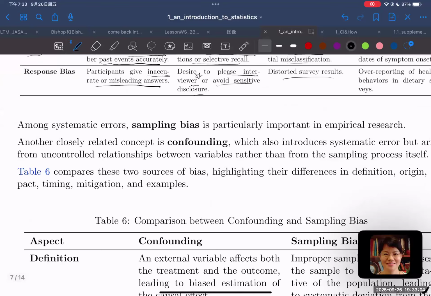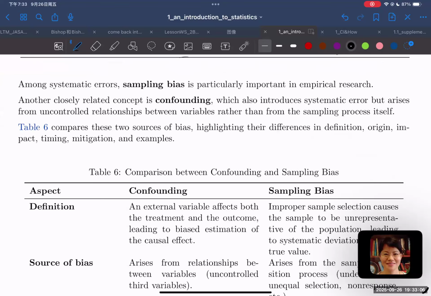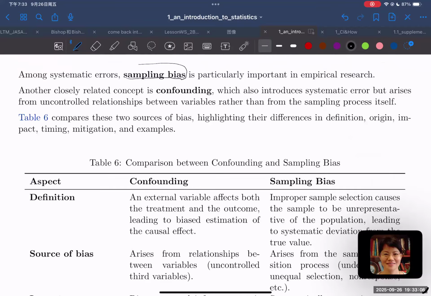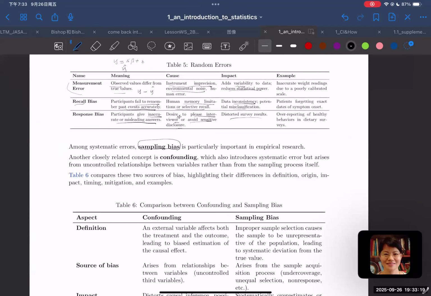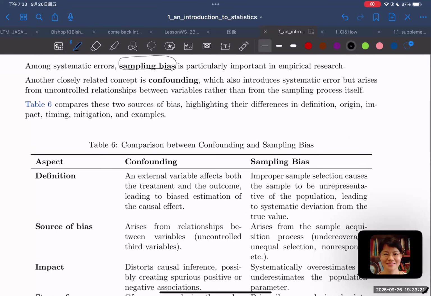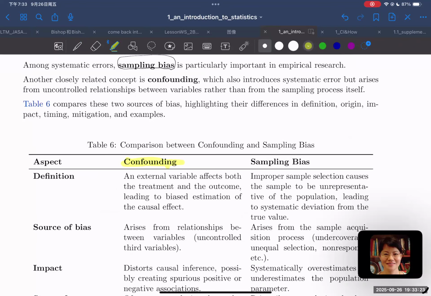Next, among systematic errors, sampling bias is particularly important in empirical study. And here we particularly want to compare it with something we call confounding. Confounding is really important in causal inference. So how do we understand this? First, let's see the concepts.